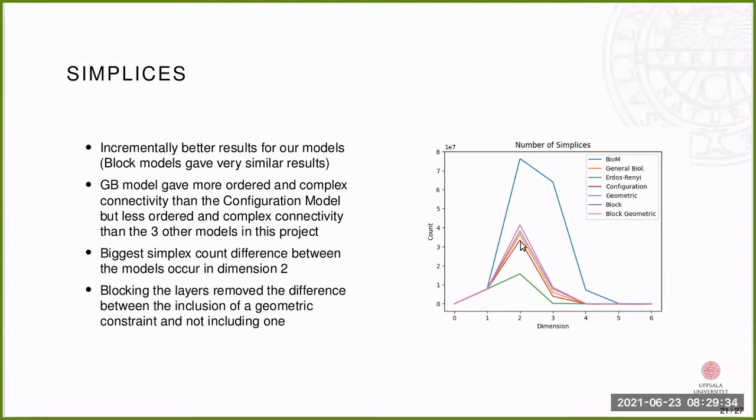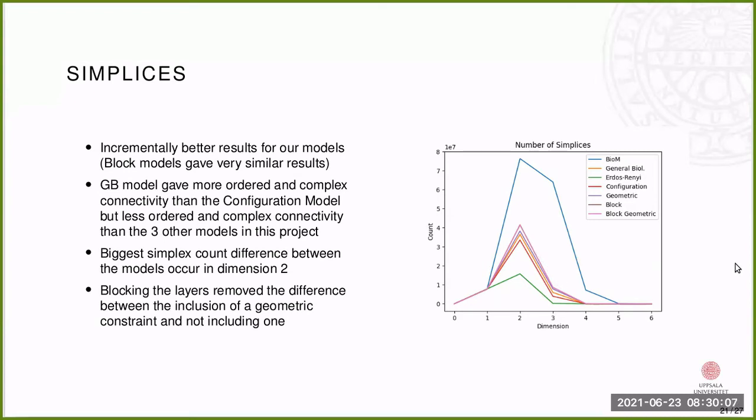We have a large difference between the configuration model and the geometric configuration model, relatively speaking. And then we see a further increase in order here with our block models, where their values essentially overlap, because on some occasions the block configuration model gave better results than the block geometric configuration model in terms of absolute number of at least 2 and 3 dimensional simplices.